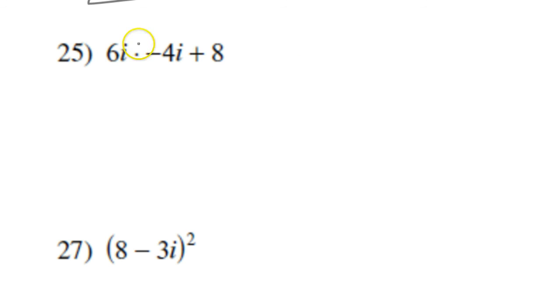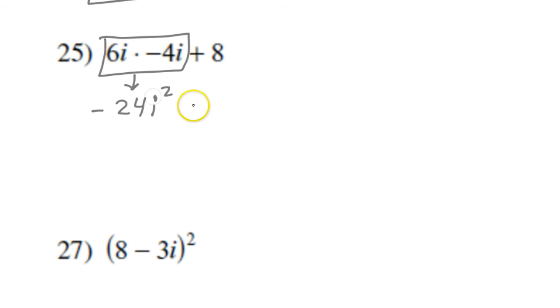All right, number 25. Again, order of operations. You really have to do your multiplication before you do any addition. So this is going to give us -24i squared. But i squared is -1, so that's going to change this to a +24.